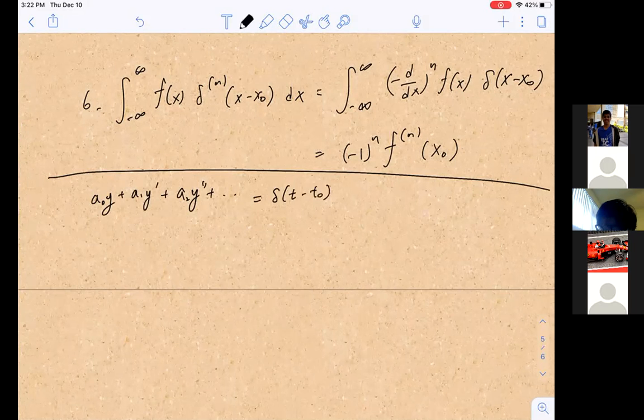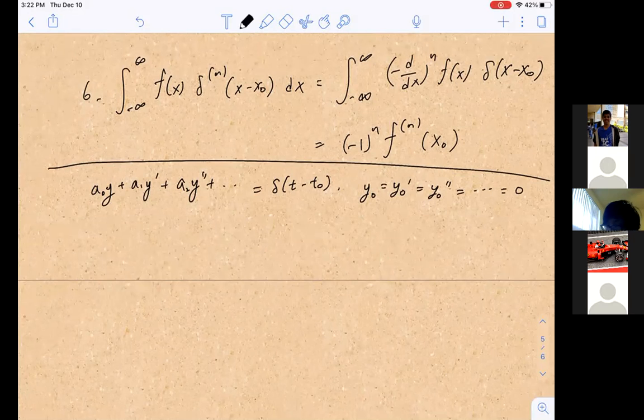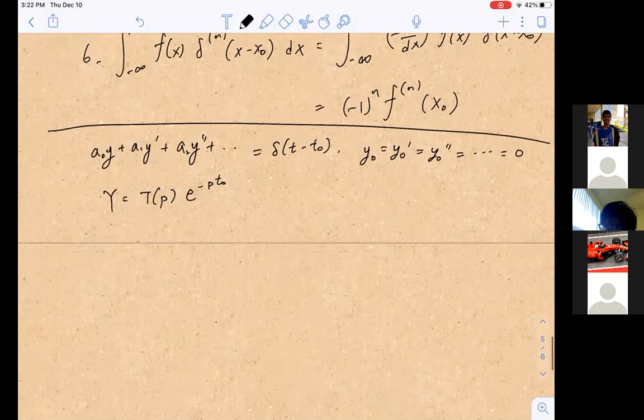And a lot of times you're given initial conditions, that all the initial conditions are 0. Okay, so then y is the transfer function times e to the negative p t0.